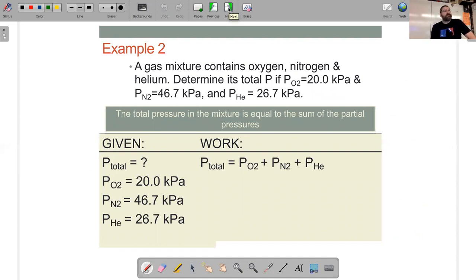Scuba divers breathe compressed air, and scuba equipment for firefighters, that's also compressed air. It's just the regular air in the atmosphere that's compressed. But scuba divers can also breathe a mixture of helium and oxygen.